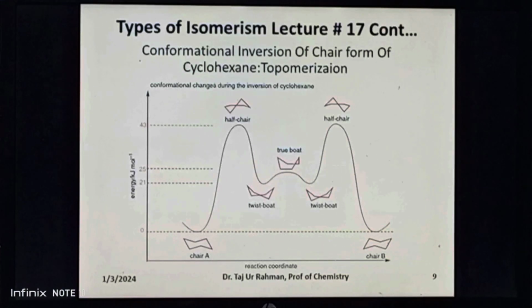From the look of this graph, we can say that both chair conformations A and B are more stable. The two half chair conformations are highly unstable. The two twist boat conformations are more stable than the true boat conformation.